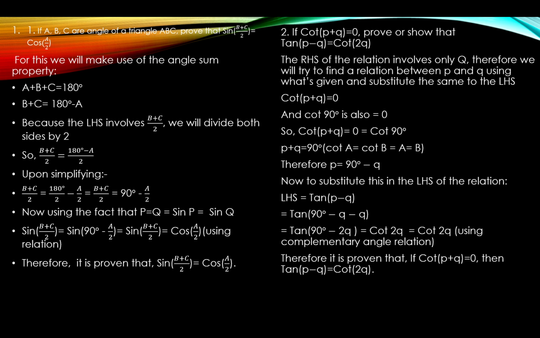So B plus C is equal to 180 degrees minus A. Because the LHS of the original equation, sine (B plus C) by 2, involves (B plus C) by 2, we will divide both sides of this equation by 2, and we get (B plus C) by 2 is equal to (180 minus A) by 2.